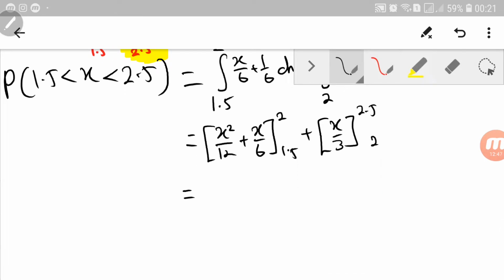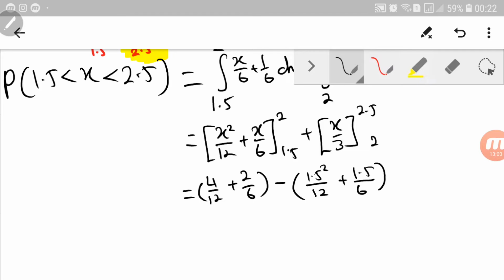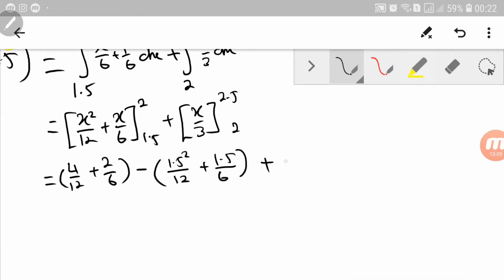Okay, let's substitute the values. So 4/12 plus 2/6, minus 1.5 squared over 12 plus 1.5 over 6, plus 2.5 over 3 minus 2 over 3.